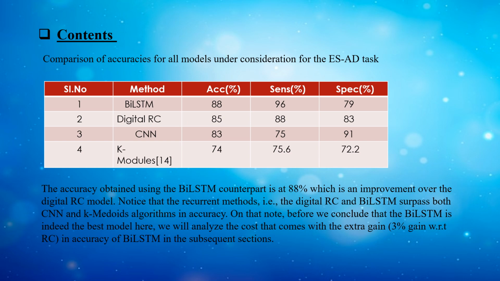The accuracy obtained by BiLSTM is 88%, which is an improvement over the digital RC model. Notice that the recurrent methods, that is digital RC and BiLSTM, surpass both the CNN and K-medoids algorithm in accuracy. On that note, before we conclude that BiLSTM is indeed the best model here, we will analyze the costs that come with the extra gain, a 3% gain in accuracy with respect to RC, in subsequent sections.